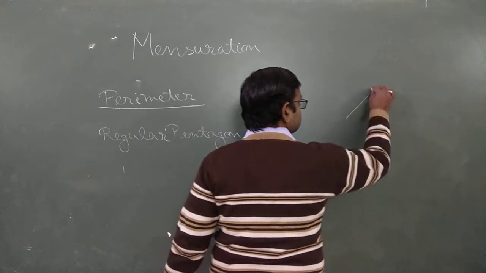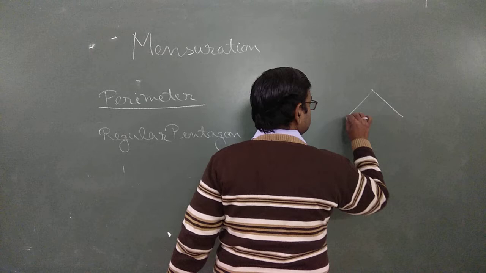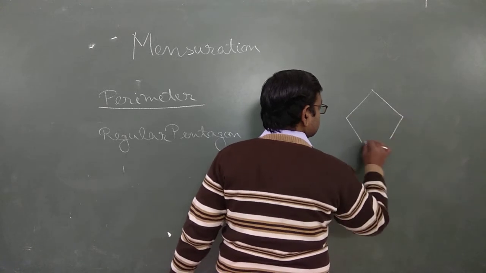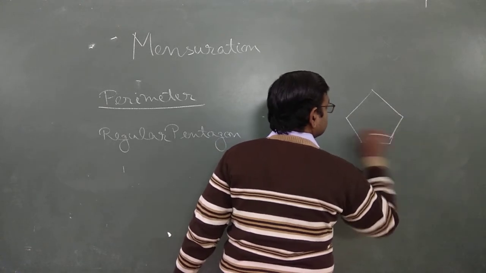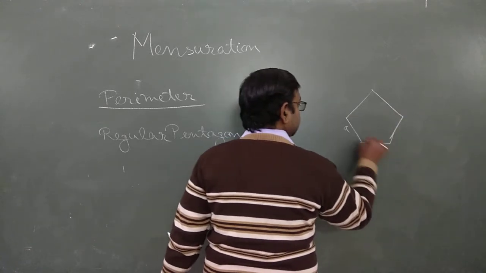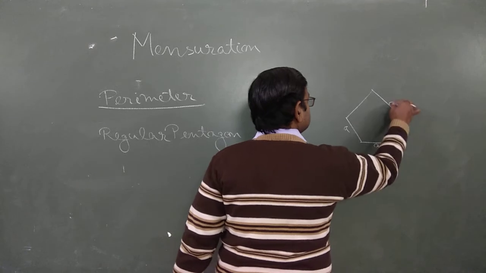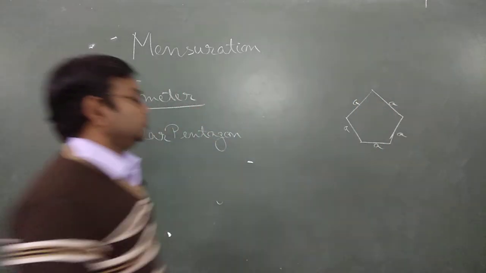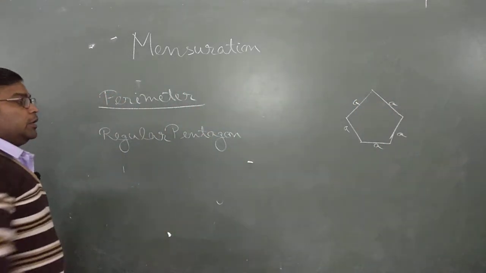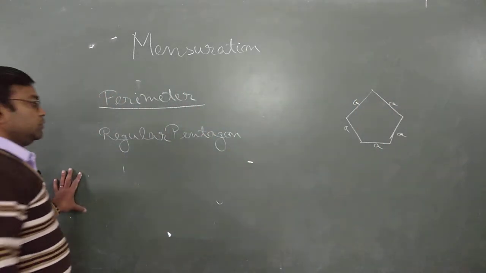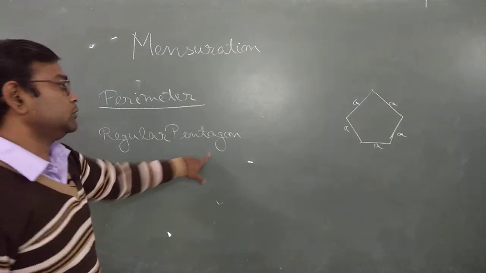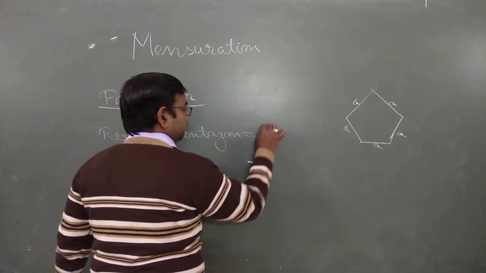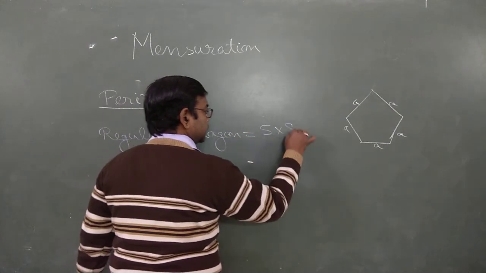Likewise, all the sides are equal, same measurement, though it does not look equal, but we assume that these are equal. So in case of a regular pentagon, 5 into side.